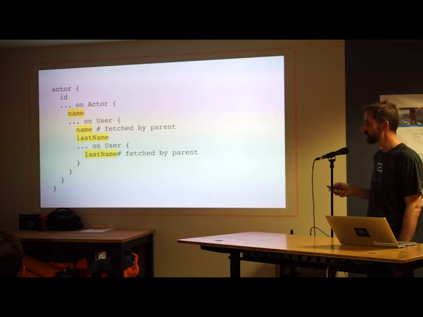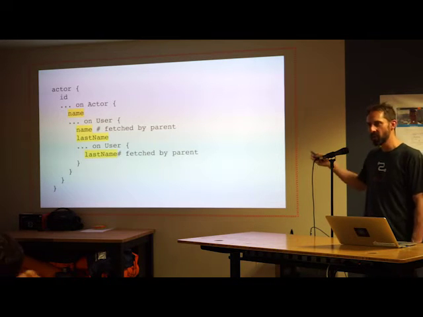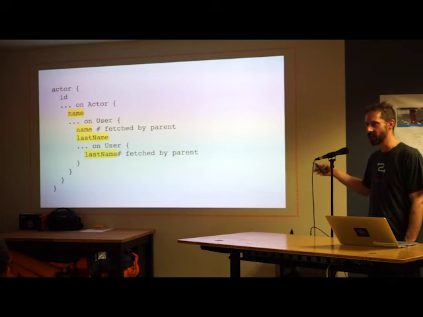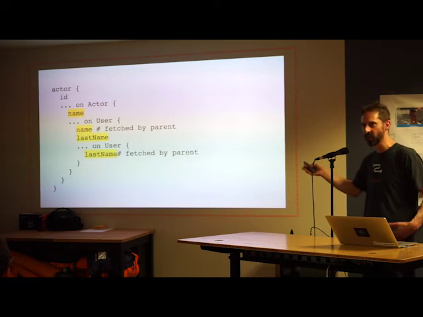So here's an example of a fragment with some nested spreads in it. And you can see here that these fields here in yellow actually got fetched previously at a higher level. No human would actually write this, right? But in practice, this kind of thing can emerge as the fruit of composition.